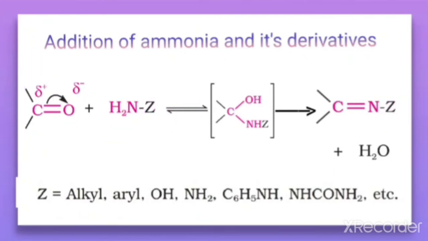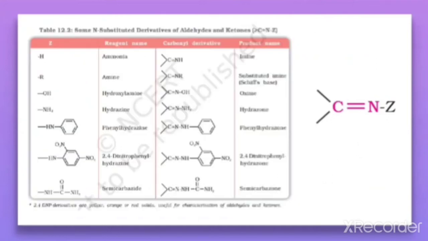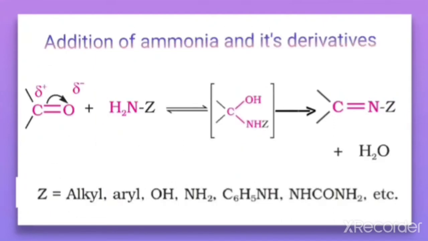So better we can learn this in a tabular form that is given in the textbook, that is C double bond N Z. If Z is H, then the reagent which we started with is ammonia, because we have already learnt the general equation.